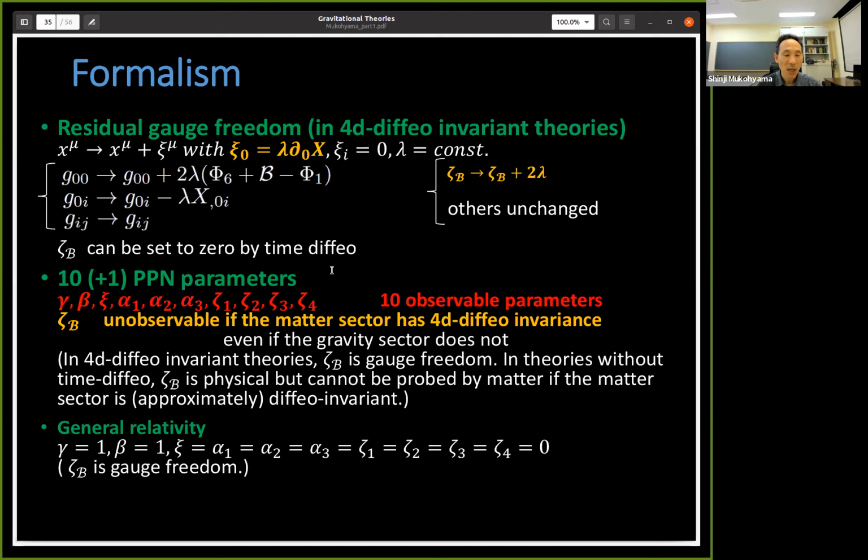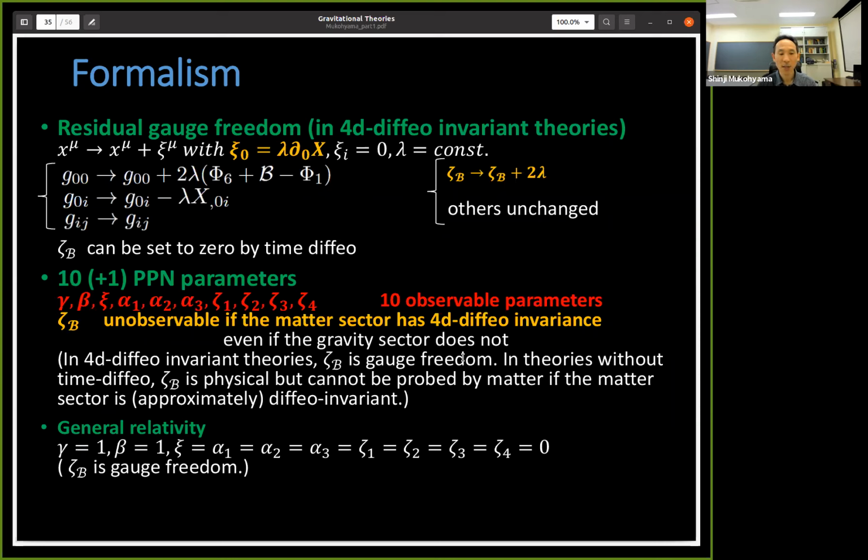So we have 10 standard PPN parameters which are observable, plus one additional kind of PPN parameter. But actually this is unobservable if the matter sector has 4D diffeomorphism invariance, even if the gravity sector does not.